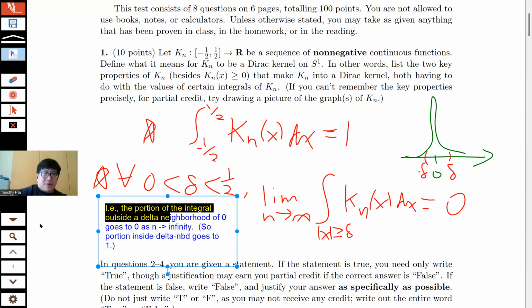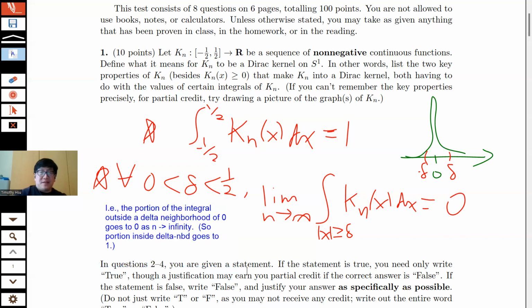So when I say that Kn represents a probability distribution, it gives you percentages. The total area under the integral between two parts of the interval represents the percentage of stuff in that interval.